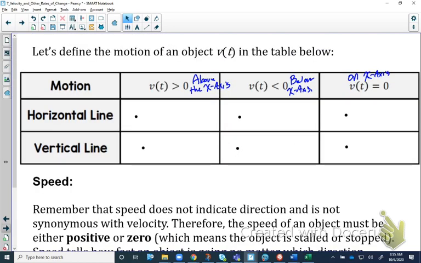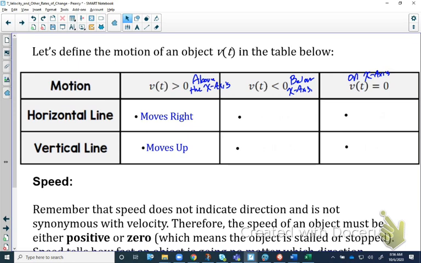Here, how do we define the motion of an object? If the velocity is greater than 0, that means we're moving above the x-axis. If the velocity is less than 0, we're going to be below the x-axis. Or if the velocity is 0, we are on the x-axis. So how does that look for horizontal and vertical motions? Well, if you're above the x-axis, that means you're moving right, and if you're above the horizontal line, it means you're moving up.